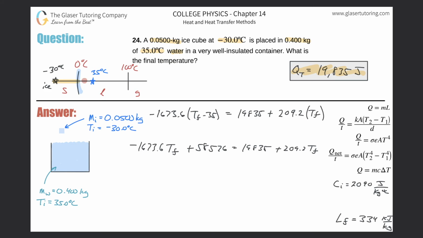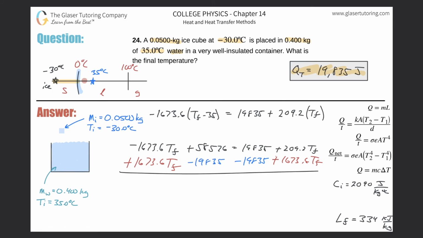Okay, combine like terms. So basically, I'm going to bring this guy on over to that side. Let's just show it now. Plus 1673.6 TF plus then 1673.6 TF. And then I'm going to then subtract this, right? The 19,835 minus the 19,835.